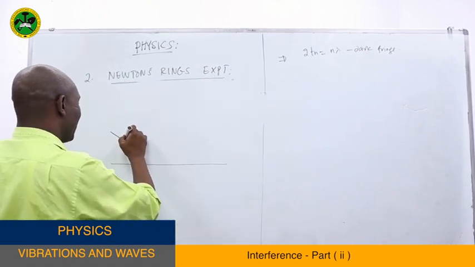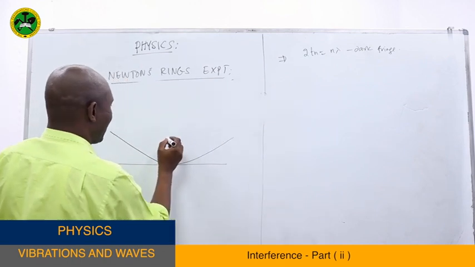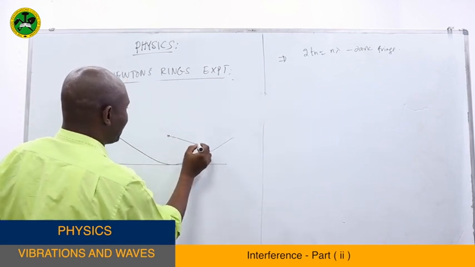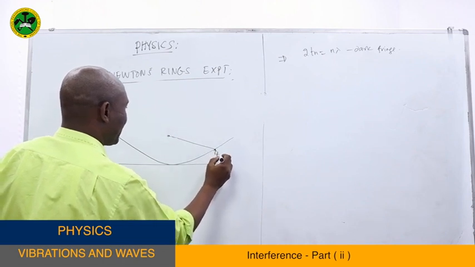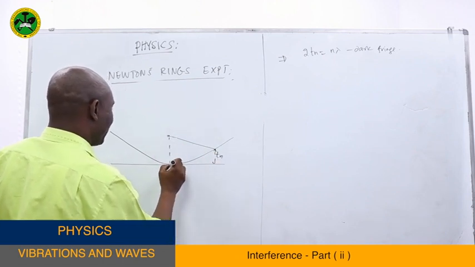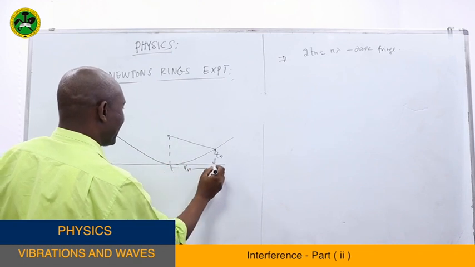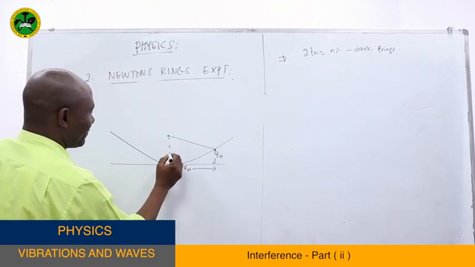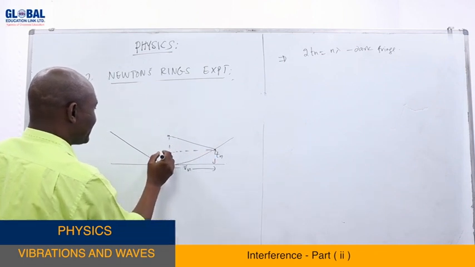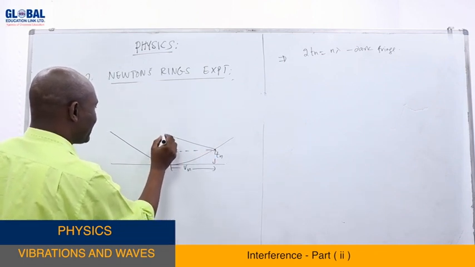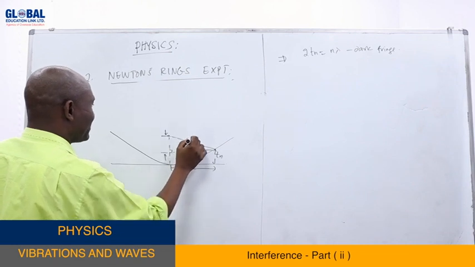this is the part of the curved surface here, and this is the center here. Let's take this as our Tn. That's the position where you have Rn, the radius corresponding to that. And if you draw the line here, this length here is how much? This is the radius of curvature.